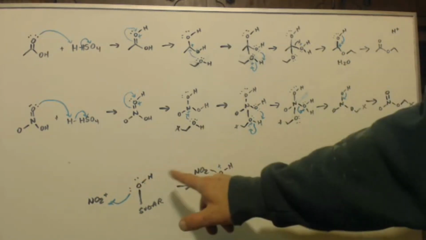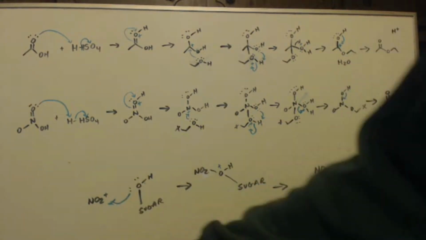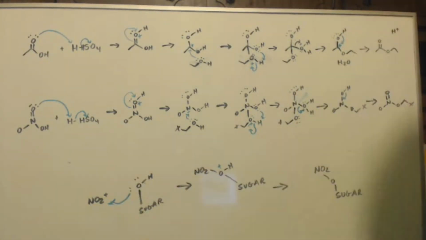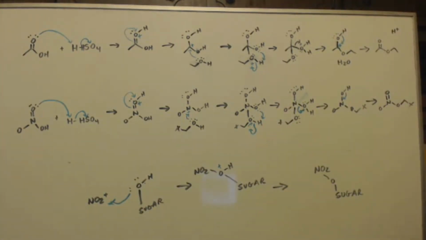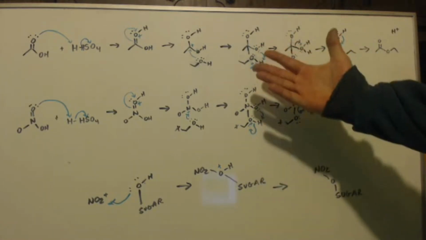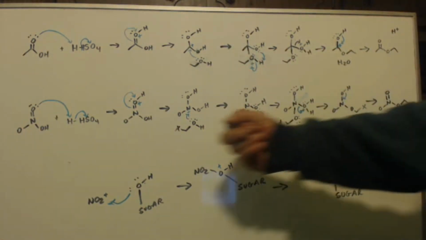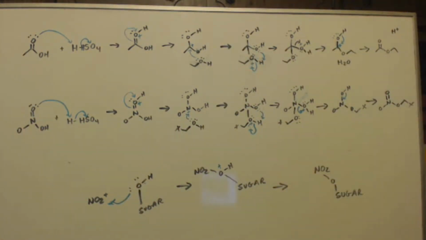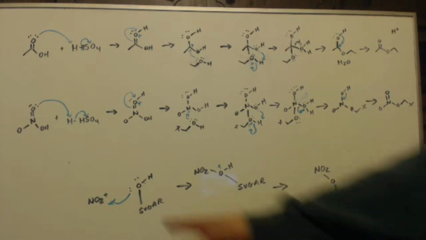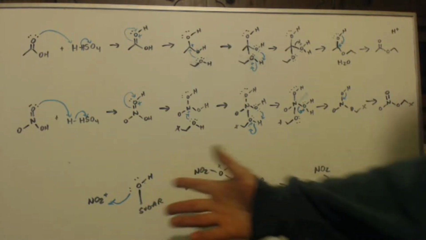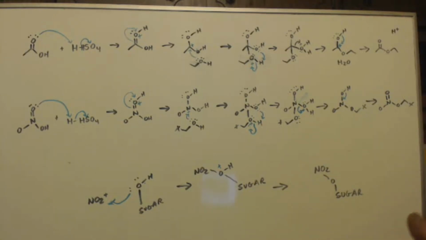You always have a proton coming off to replace that proton that was used to make this nitronium ion. So the sulfuric acid technically is a catalyst, no matter how you think of it, whether you're talking about organic esters or inorganic esters like a nitrate ester. The sulfuric acid is basically just a catalyst.